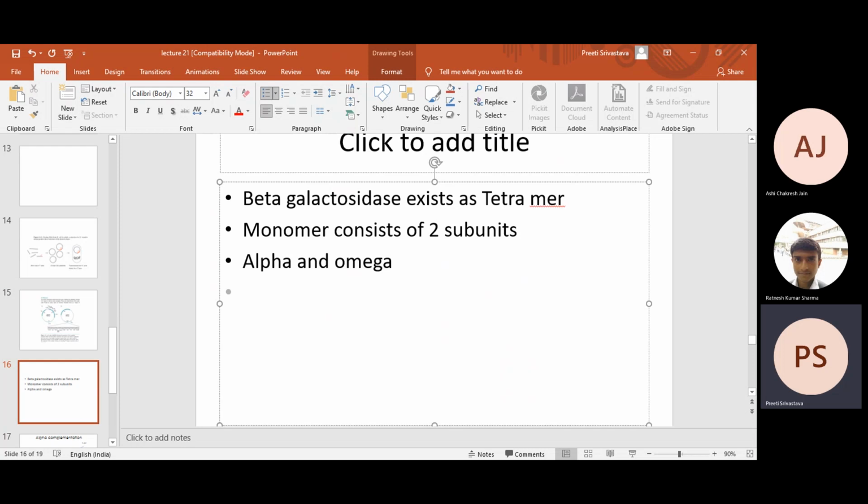The alpha subunit is present at the N terminus and the C terminus, and this enzyme is encoded by a gene called lacZ.